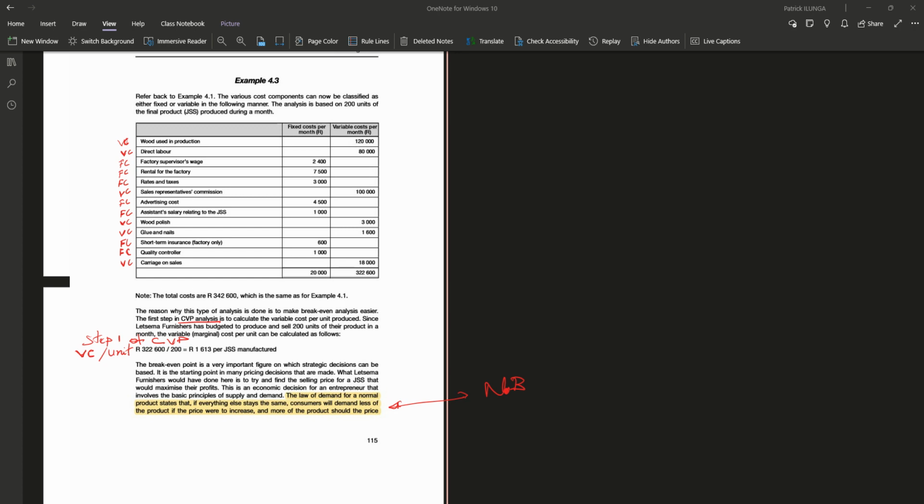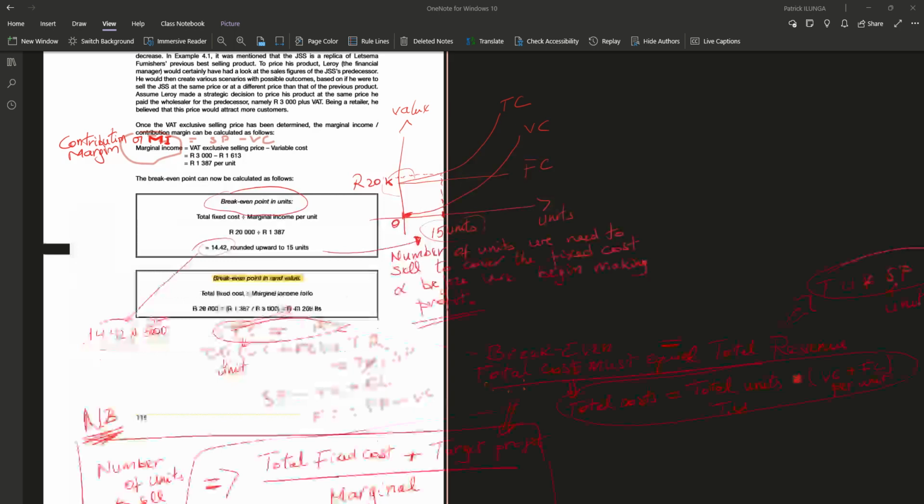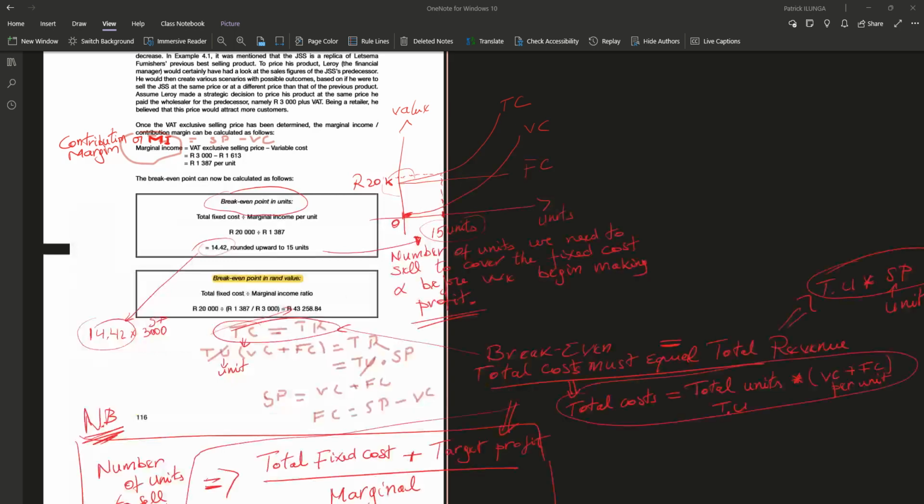Both of them gave us the total cost of everything, which was 342,000, and the fixed cost in it was 20,000. So these can now help us to find the break-even points.